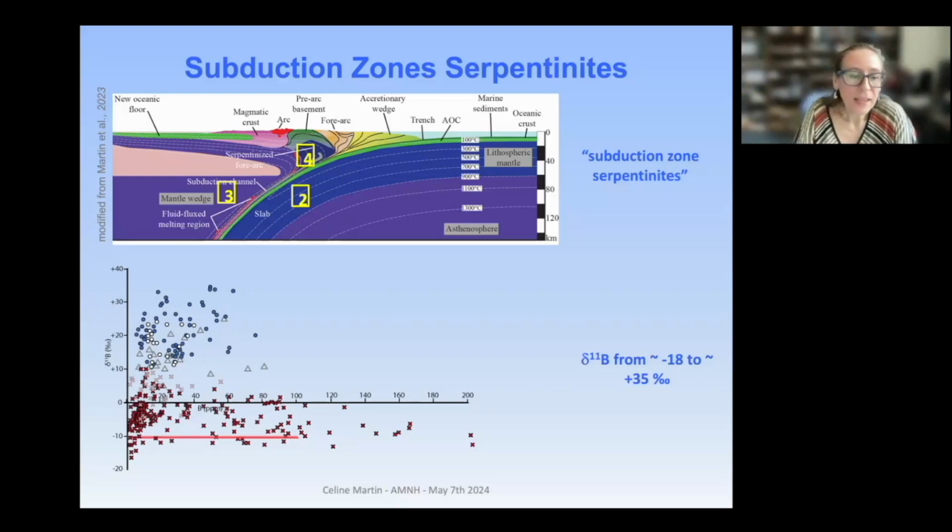And if we look at the delta 11 boron of these subduction zone serpentinites, it varies from -18 to +35. So basically, it covers the entire range possible of delta 11 boron values in serpentinites. So that's not very informative, and that doesn't really help us.